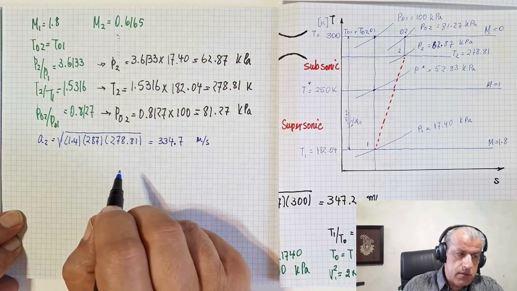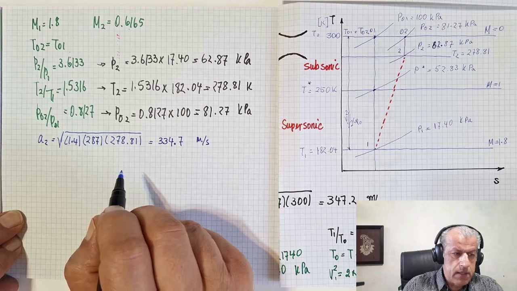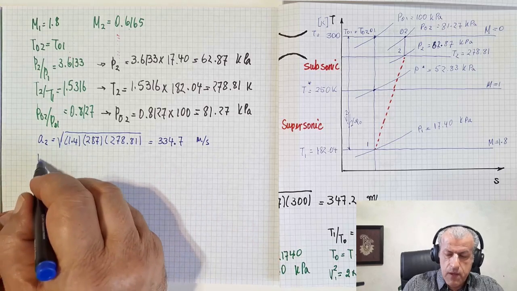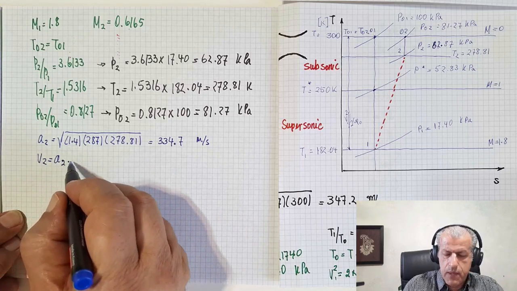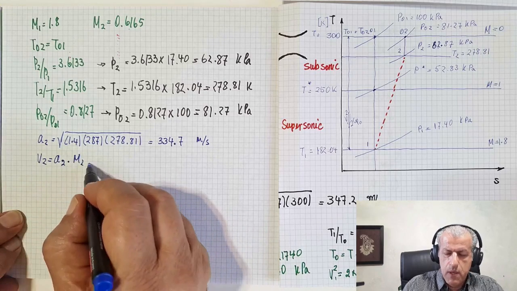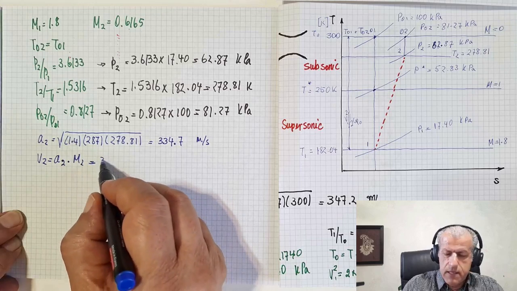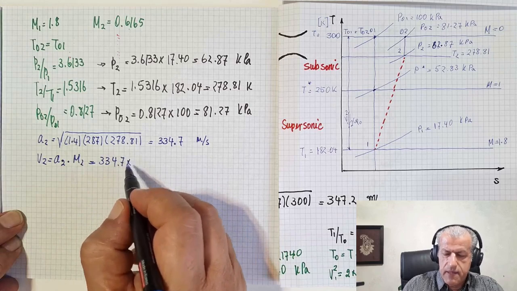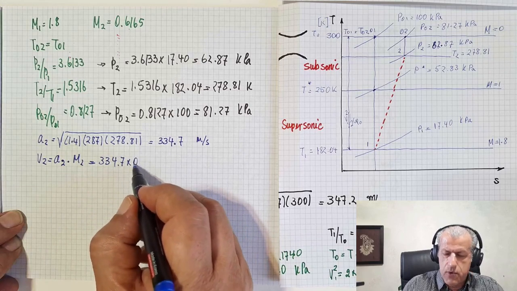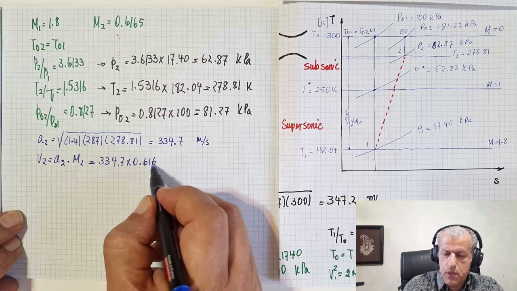We could also calculate V2. V2 equals A2 times M2, and that is 334.7 times 0.6165.